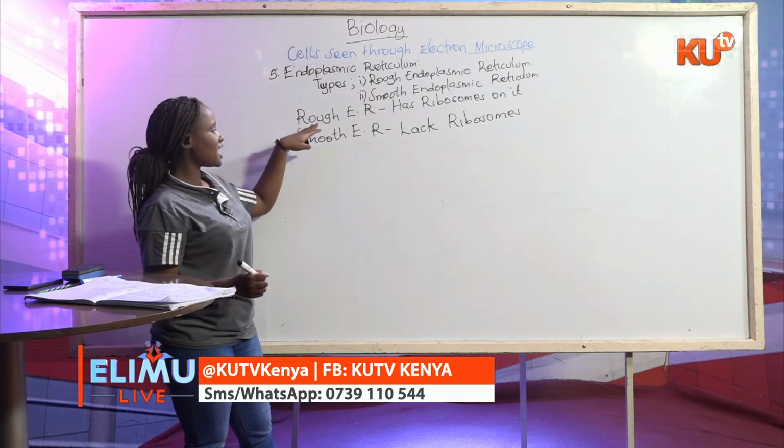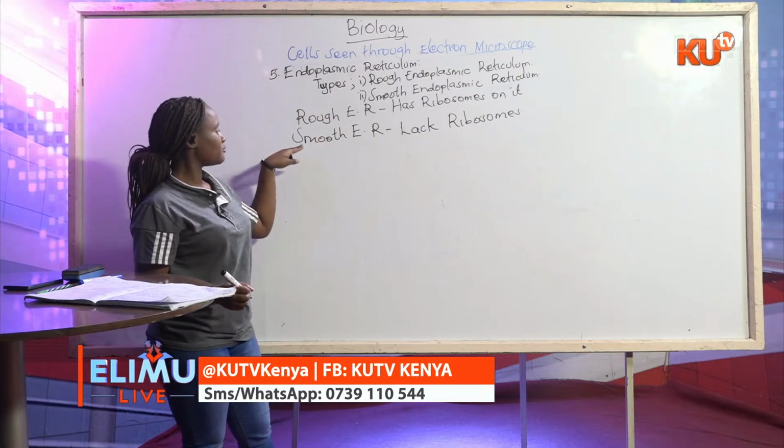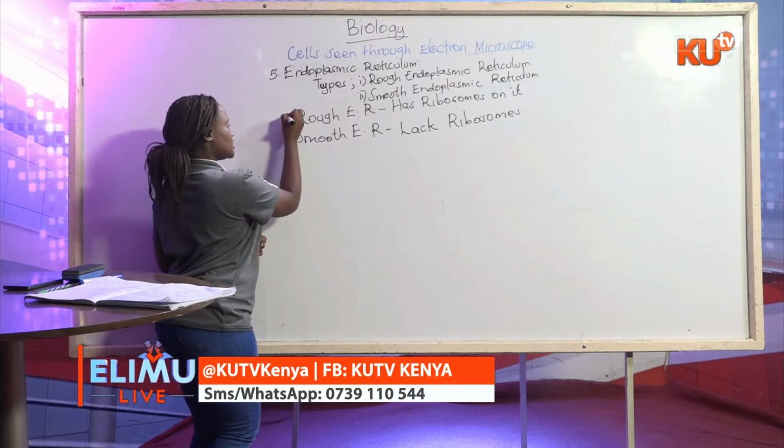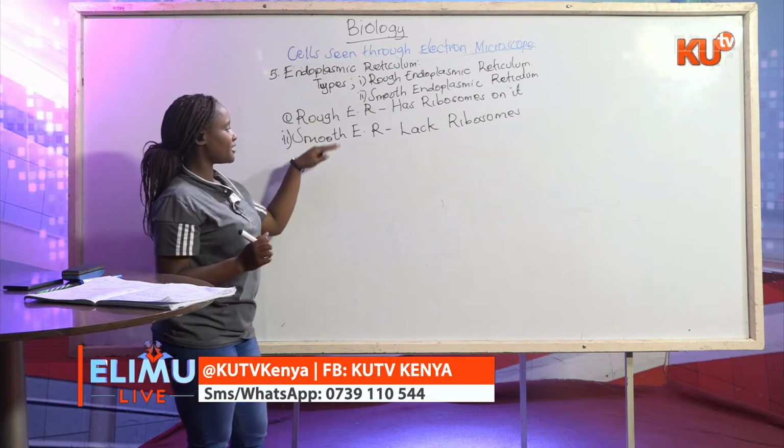If it has ribosomes, it's going to be rough, and because it doesn't have, it is the smooth endoplasmic reticulum. Now this is the difference between the two, the rough and the smooth.